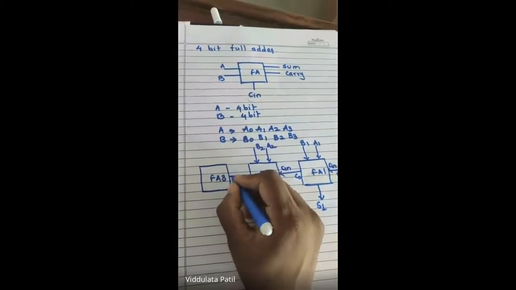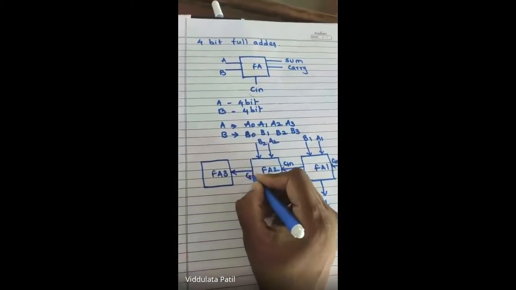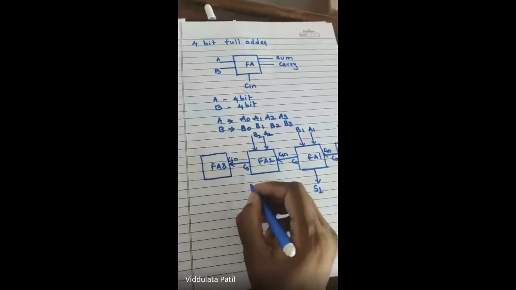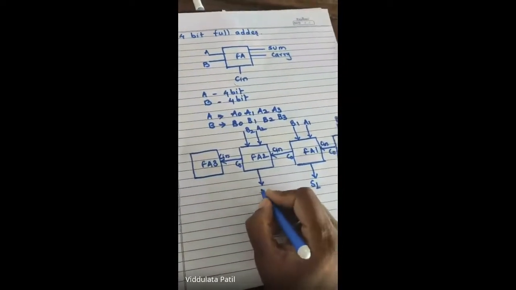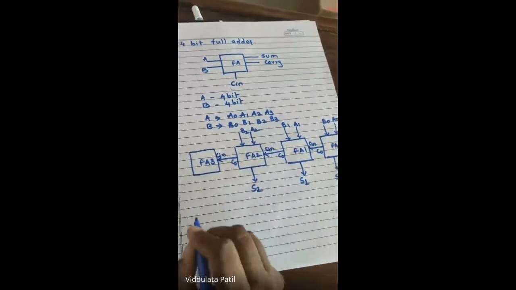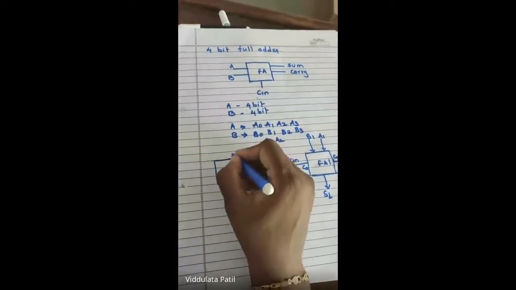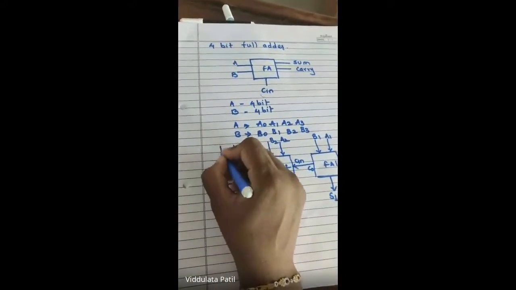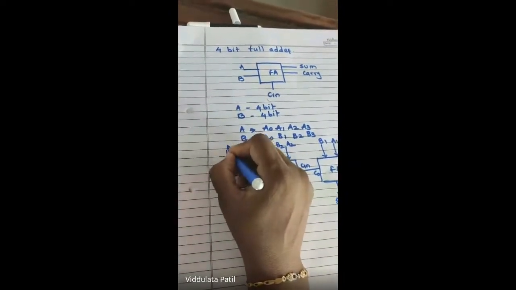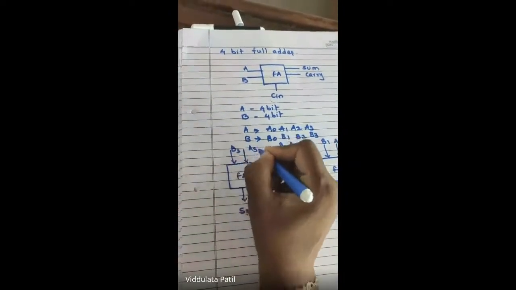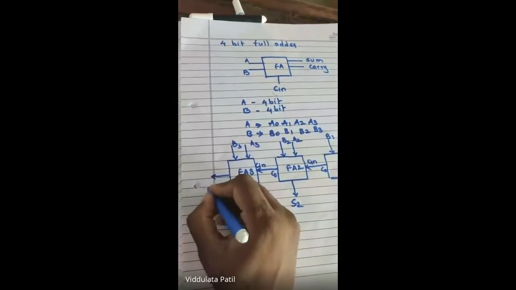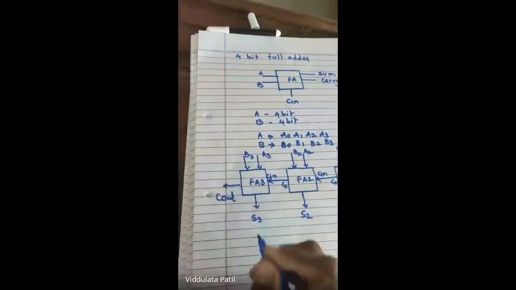The carry out from this is input to FA3 and the sum is S2. For FA3, the output sum is S3, the inputs are A3 and B3, and the output C out is the actual carry out.